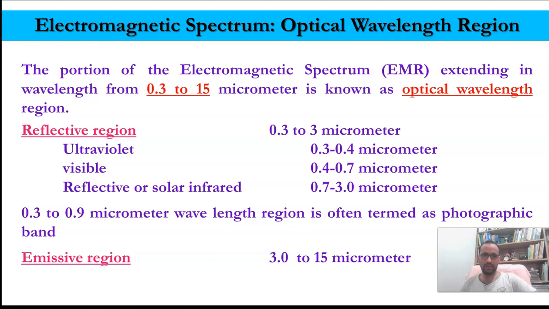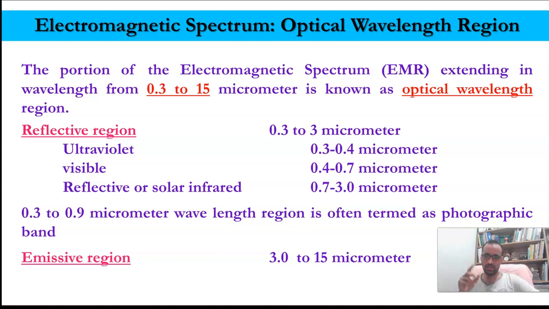Ultraviolet we already discussed, from 0.3 to 0.4 micrometer, then visible, then reflective or solar infrared, from 0.7 to 3 micrometer.